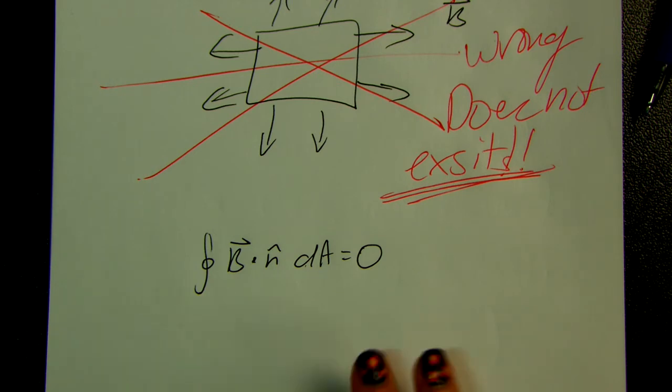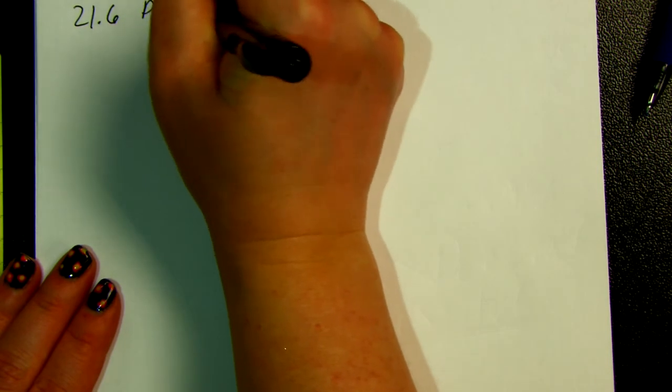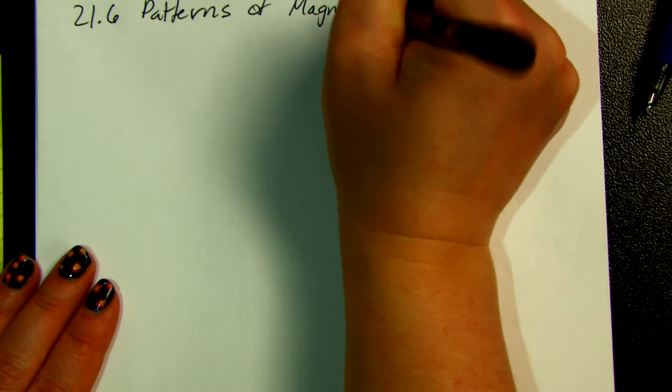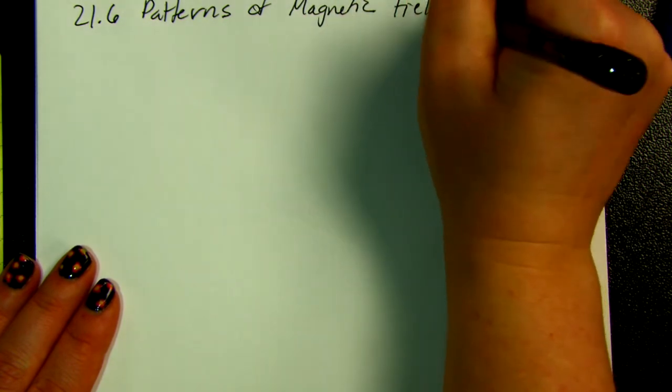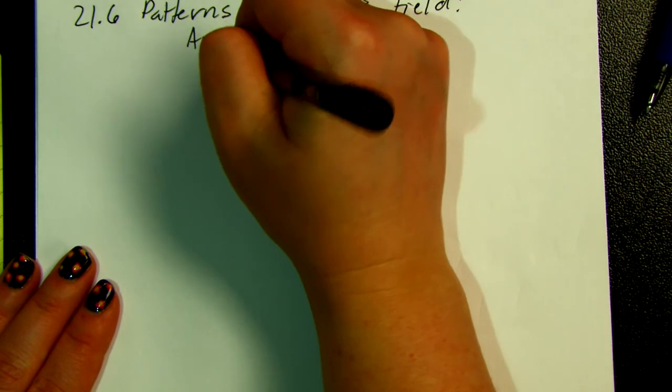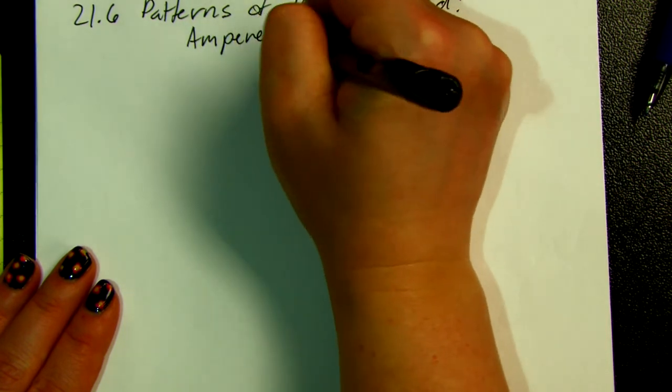Okay, so moving on. 21.6, patterns of magnetic fields. We're going to deal with Ampere's law, which is a little bit more exciting.